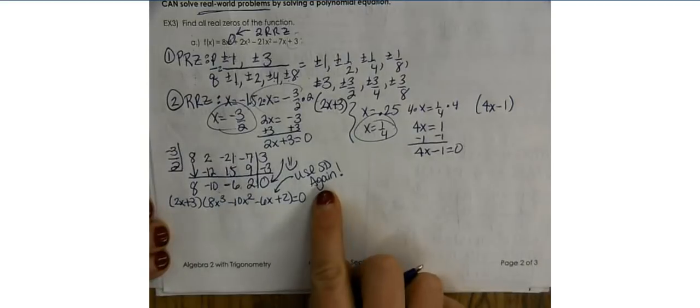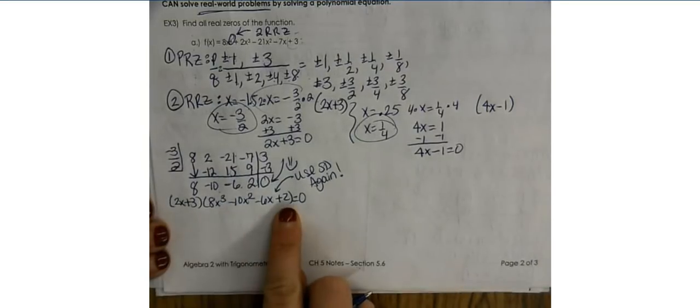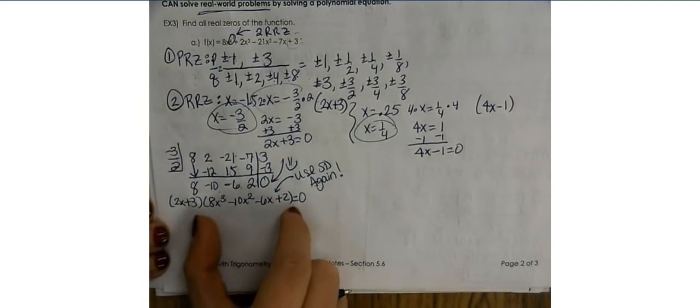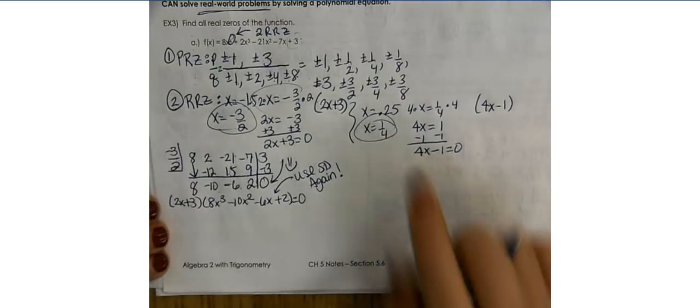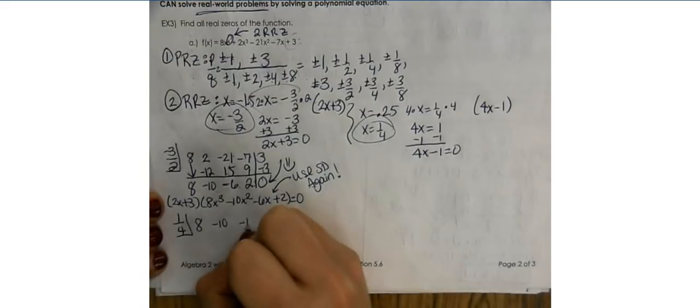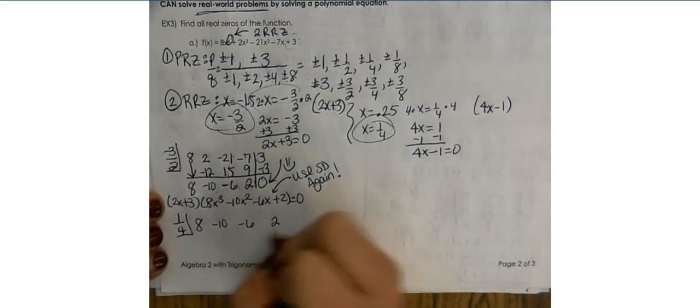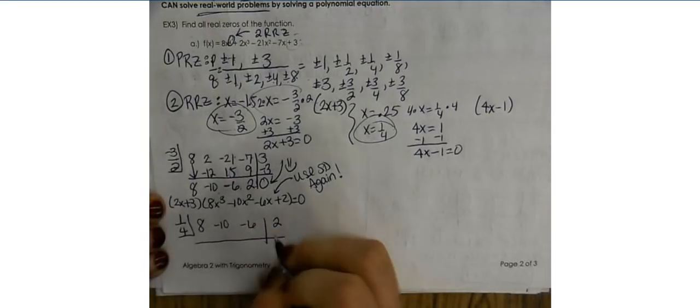And I'm going to use synthetic division of this cubic function using the other 0. So I'm going to write 1/4, and I have 8, negative 10, negative 6, and 2. I'm going to bring down the 8. 1/4 times 8 is 2.